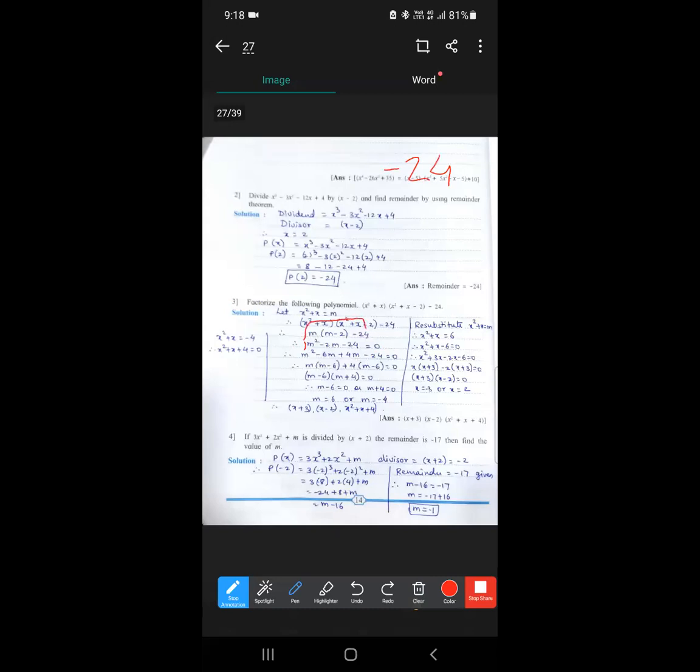Now I know all of you know how to do factorization, but some students are confused about when to take the factors as positive and when as negative. So just pay attention to how to take the factors. Now minus 24, you need to check what the factors or divisors of minus 24 are.